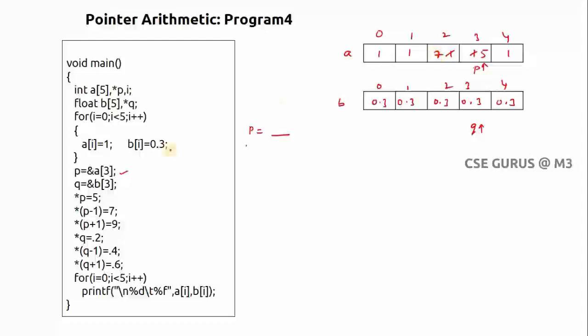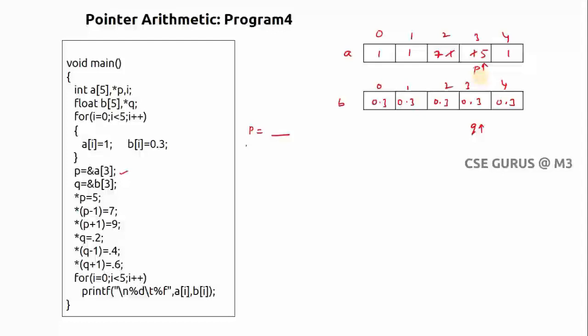Now remember one more point here. Here you are finding p minus 1. It's not p minus minus. That means your p location will not change. If you write p minus minus, of course the p location changes, but here it is p minus 1. That is the main difference. P minus 1 means your p location will not be changed.